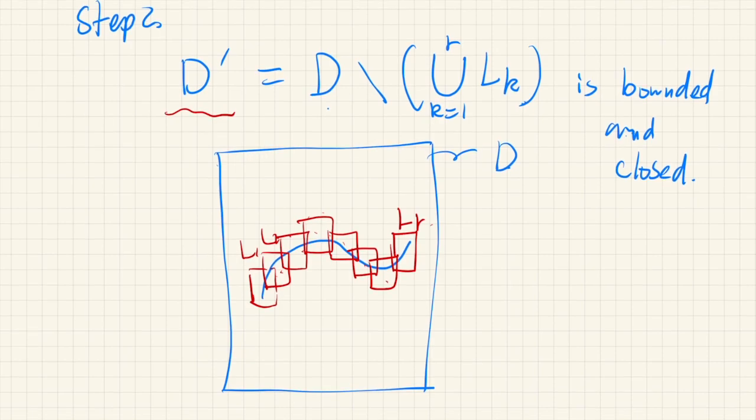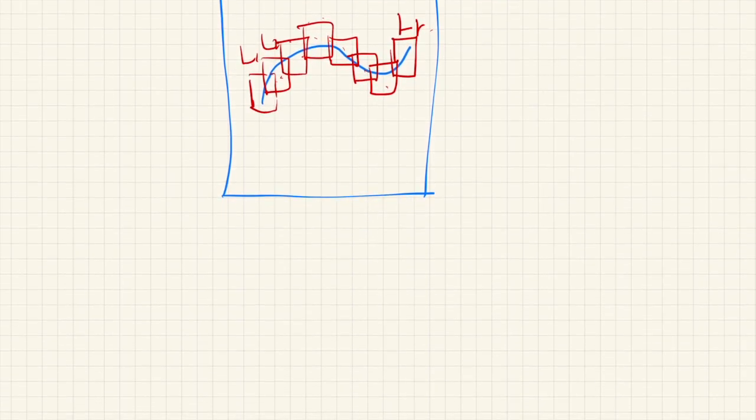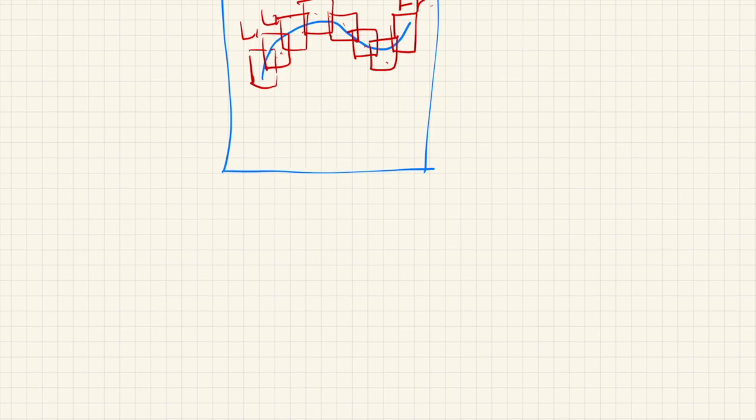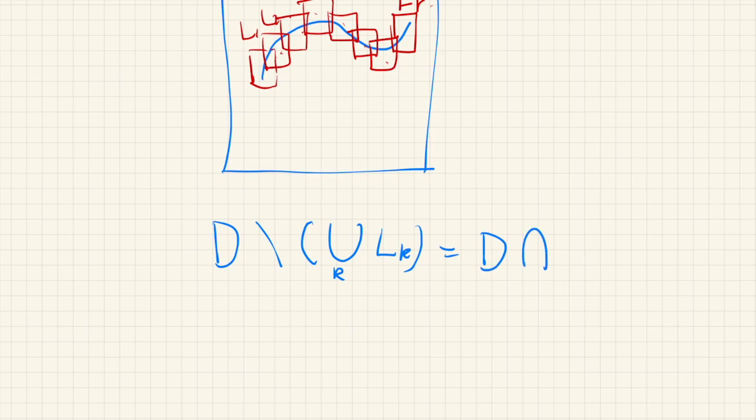This set difference can be written as this: D set minus the union of LK can also be written as the intersection between D and the complement of the union.